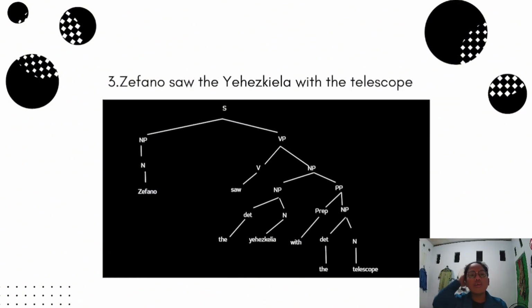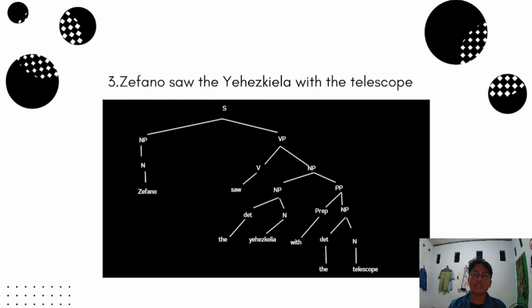The third is: Stefano saw the Yeskila with the telescope. There are two lines. The first is NP, noun phrase, which has a noun, and the word is Stefano.